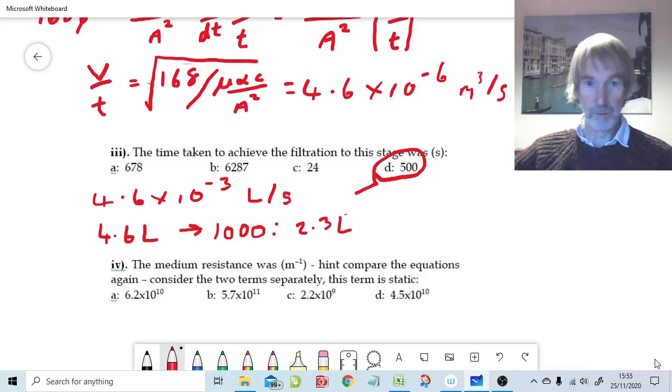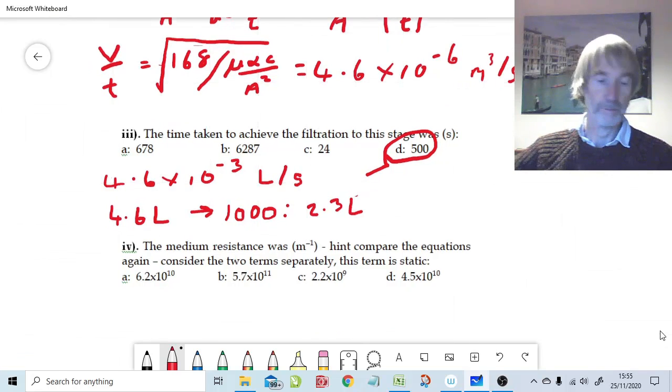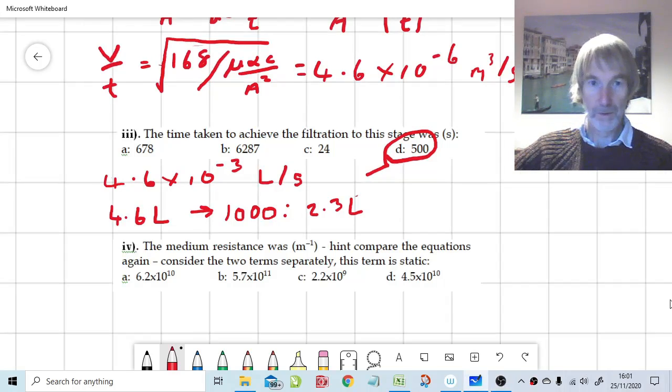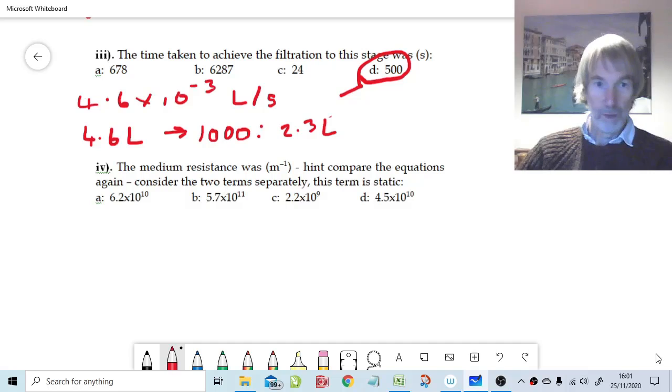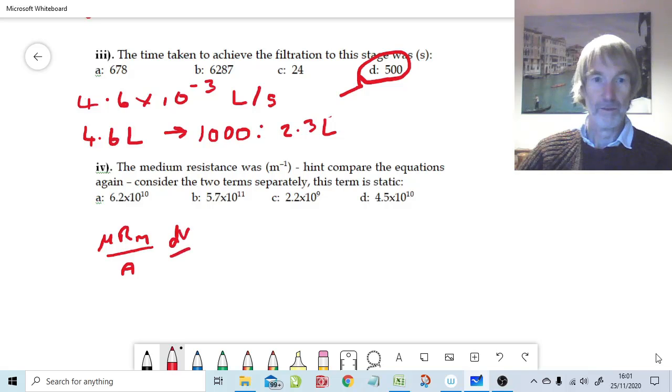So that leaves us with the medium resistance to calculate. Okay, for the filter medium resistance, we have the equation that mu Rm over A dV dt equals 6670 pascals.